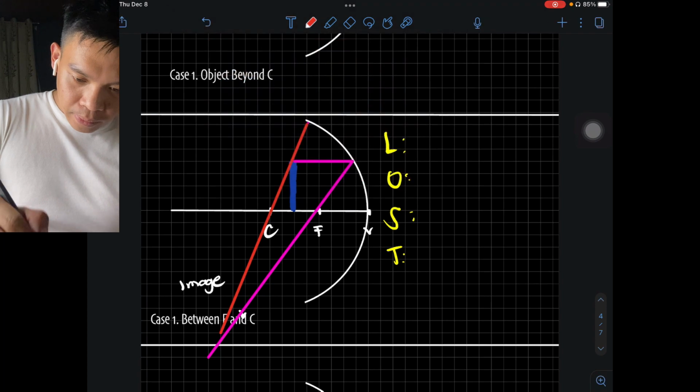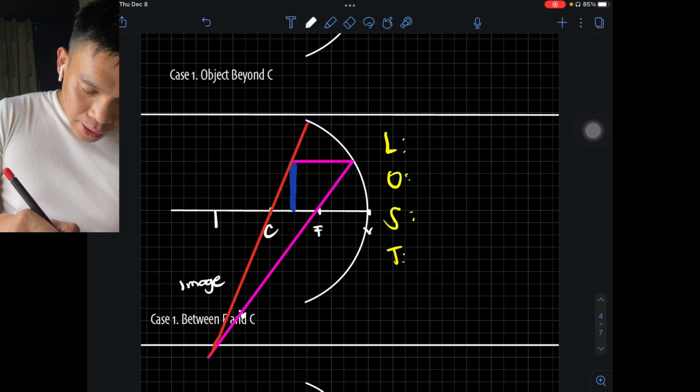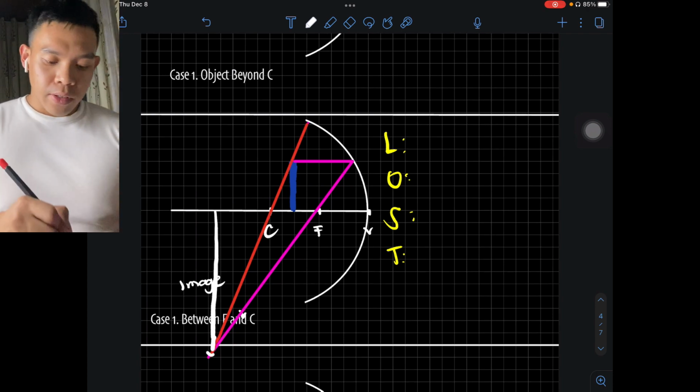Okay. And this is our image. So let's try to check.